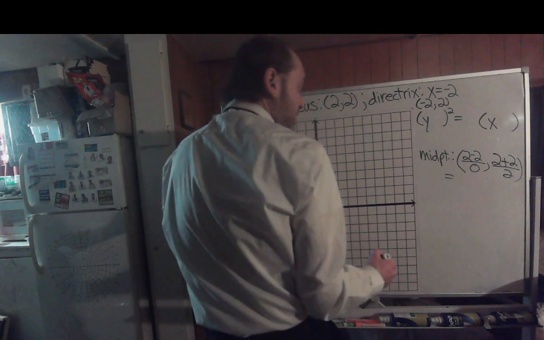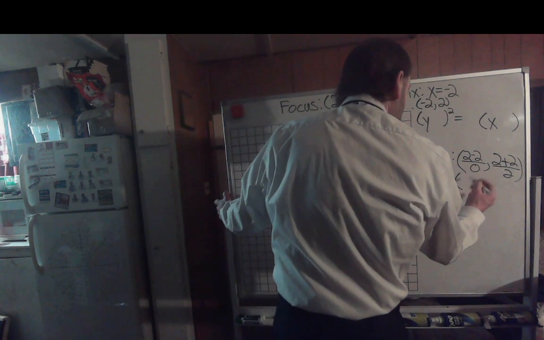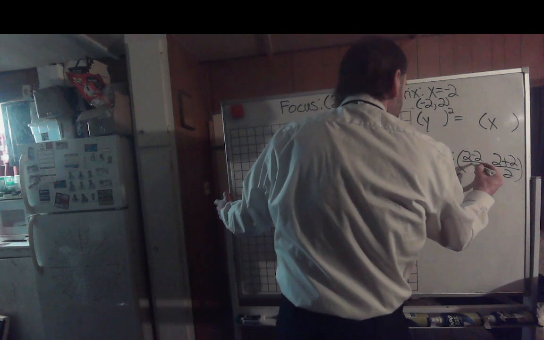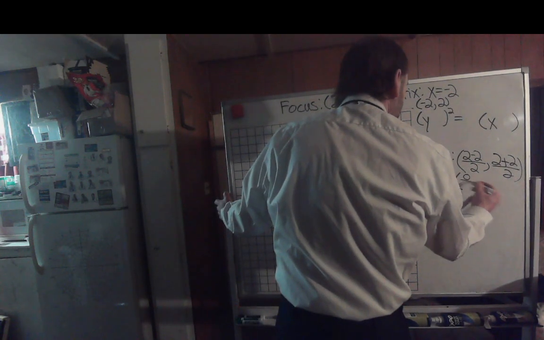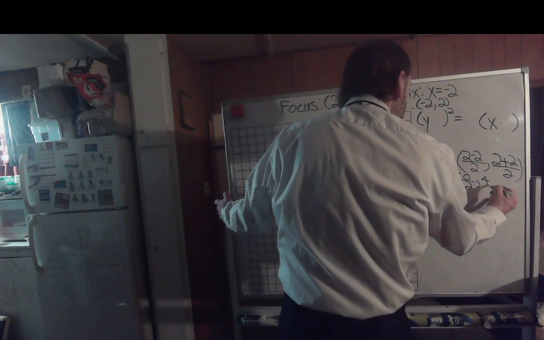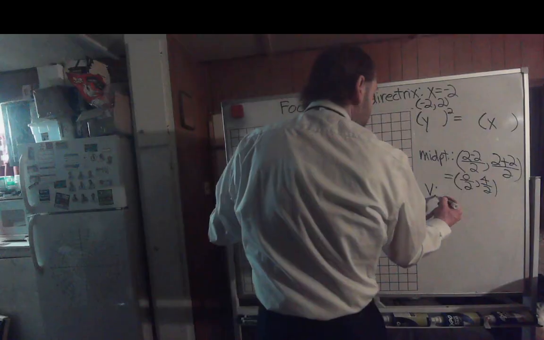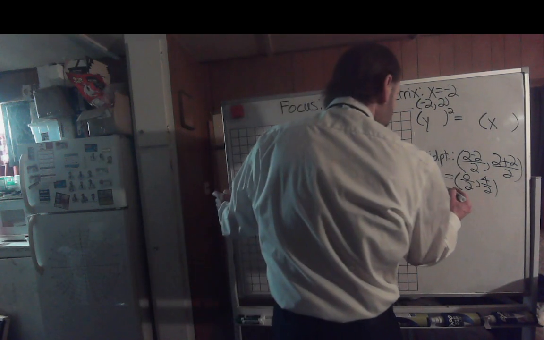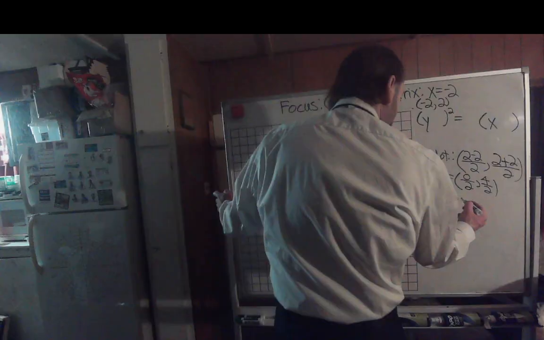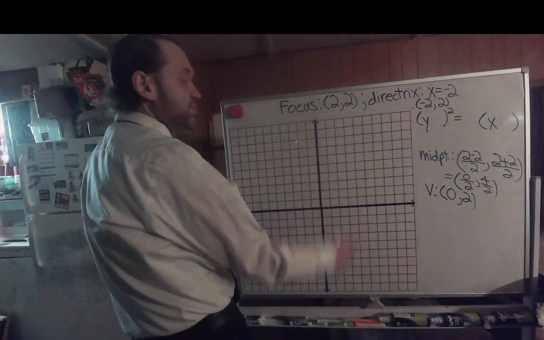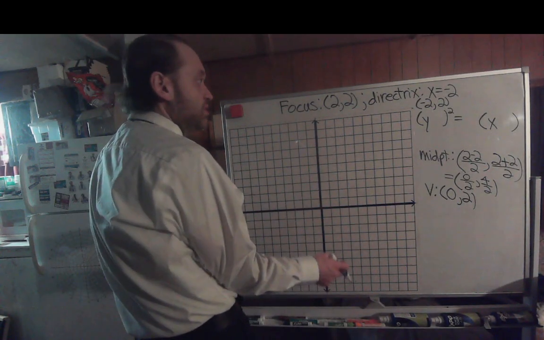That would end up giving you 0 over 2, 4 over 2. The midpoint is your vertex. That means your vertex is at (0, 2), since it's halfway between the focus and directrix.